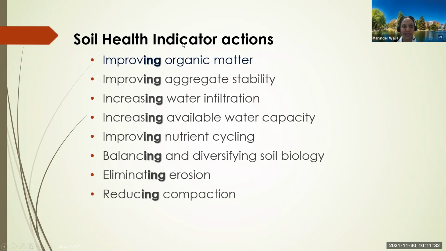So these are the actions under the soil health indicators, and we have to follow the practices that I will be talking about in the next slides, and how these practices will lead to these actions. We have to follow those practices to improve these indicators, and that's very important. It will lead to healthy soils.